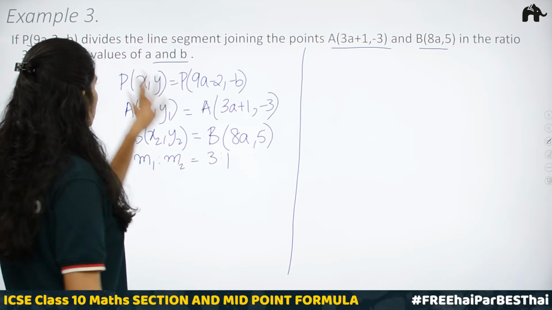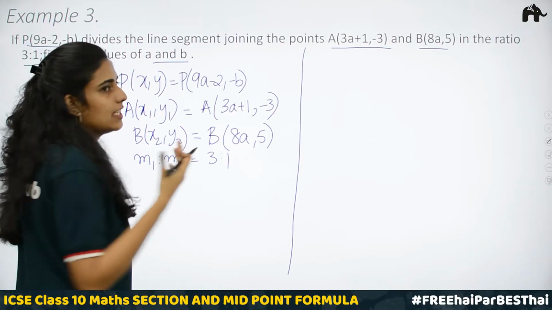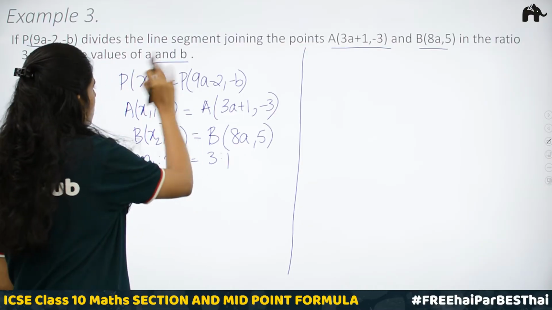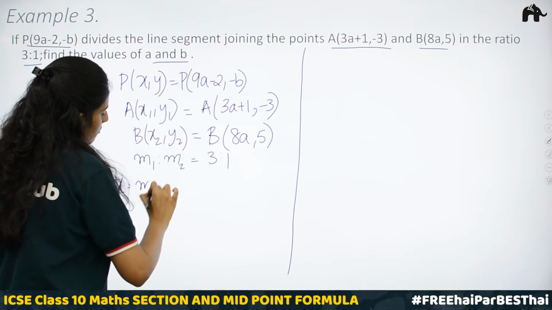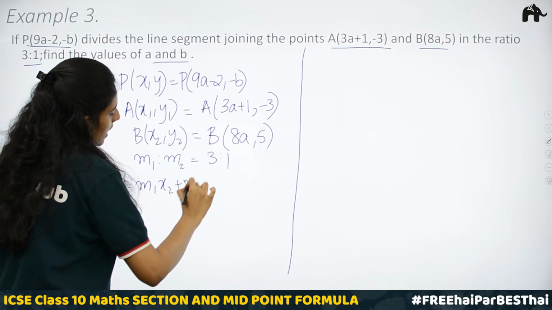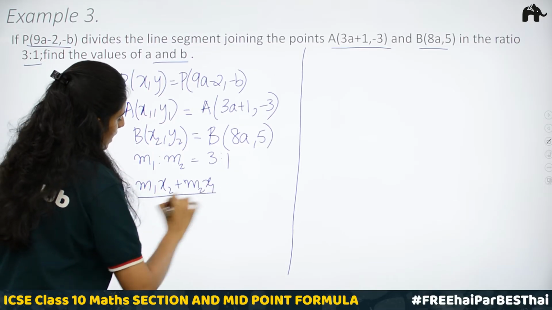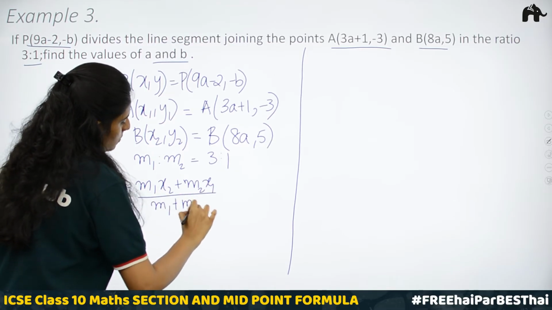We need to find the values of a and b. Using our section formula, we can find the values of a and b. What is x? We have x is equal to m1 x2 plus m2 x1 divided by m1 plus m2.